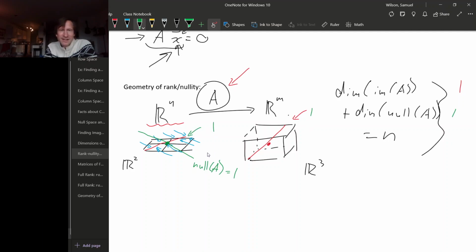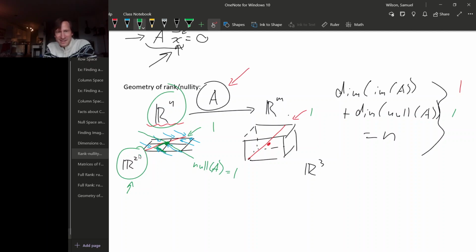And the dimension of the image is 1, but that's because the dimension of this red line is 1. And the red line and the green line, right, you have to fill up all of Rn, and in this case R2, because the domain of this linear vector function is Rn, or in this case R2. So something has to happen to every vector. So every vector is sort of a part that gets squashed onto the origin plus a part on the red line.